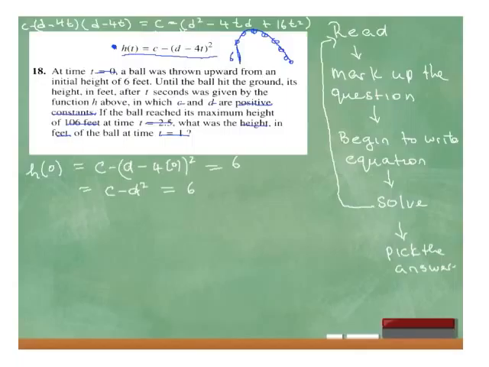I know it looks awkward, but I keep it there in case I need it. All right, that's good. I'm also going to tell myself that I have to distribute that negative. I might as well do it now. So switching the color to black so I can see it, with C minus D squared plus 4tD. I will move my diagram out of the way so I have some space.